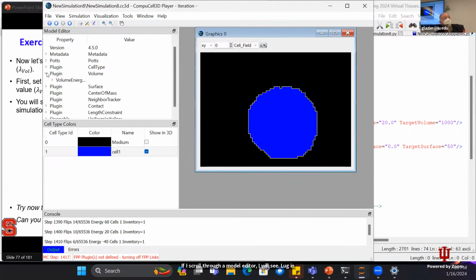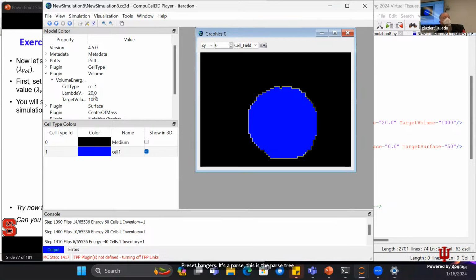If I open Plugin Volume, it'll say Volume Energy. If I open that, it'll give me the same parameters that I defined in my XML. So it's just like a preset thing or something? It's the parse tree from the XML.